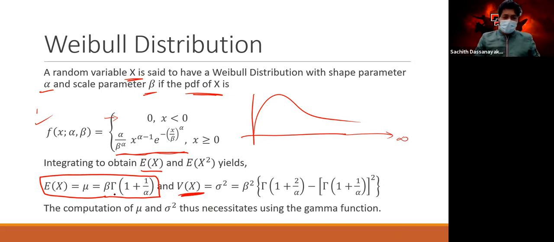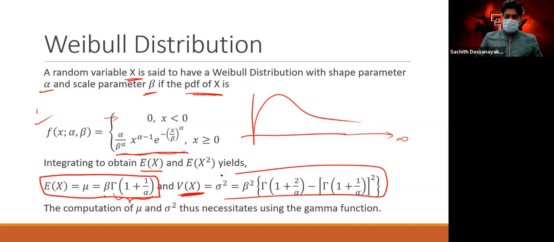Beta times this gamma function. Do you remember the gamma function? This is the gamma function: gamma of 1 plus 1 over alpha. Okay, the variance is a little bit longer than that. Beta squared within brackets gamma of 1 plus 2 over alpha minus gamma of 1 plus 1 over alpha, squared. Okay, here you can see this piece is what?